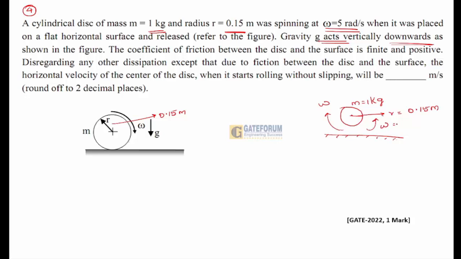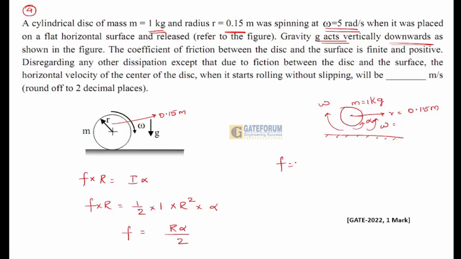We have some omega, and there will be a condition like this. Now I can clearly write this equation. F into R shall be equal to I into alpha. F into R is equal to I, which is 1 by 2 into mass 1 into R squared, into alpha. So F is equal to R alpha by 2.